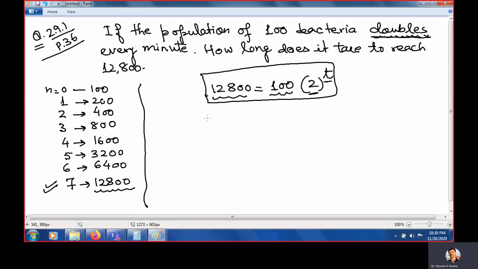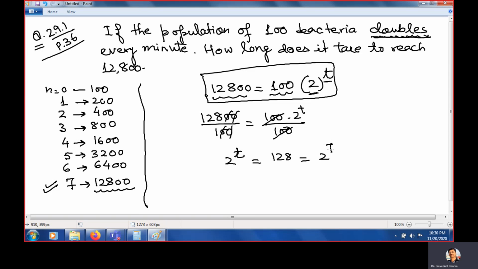Okay. So divide by 100. If you divide by 100, it is 100, 2 power T upon 100. This 100 finished, and 100 finished. So how much are we getting? 2 power T is equal to 128, and 128 may be written as 2 power 7.